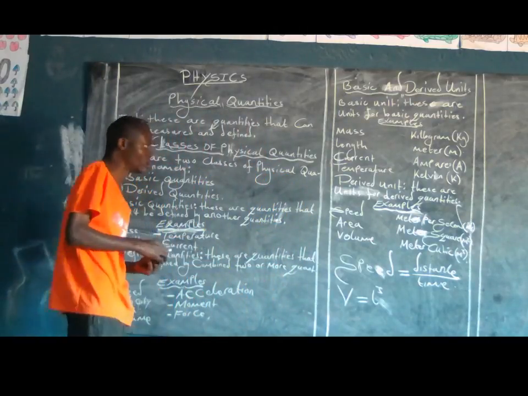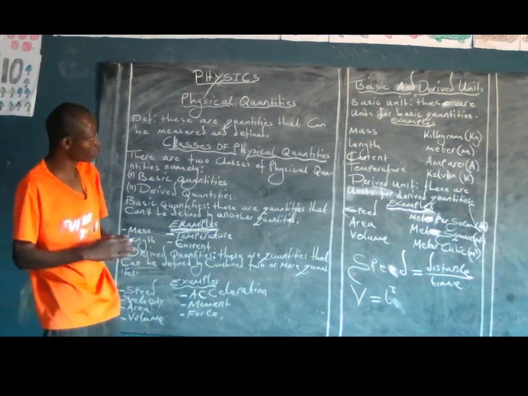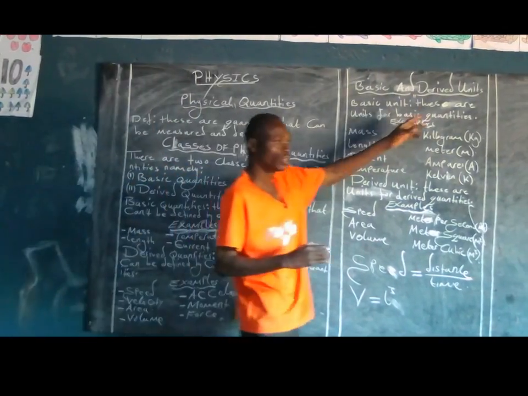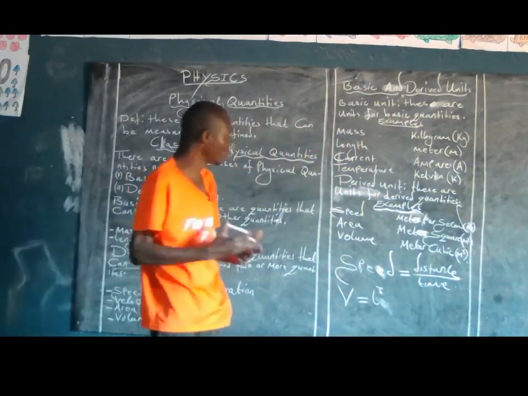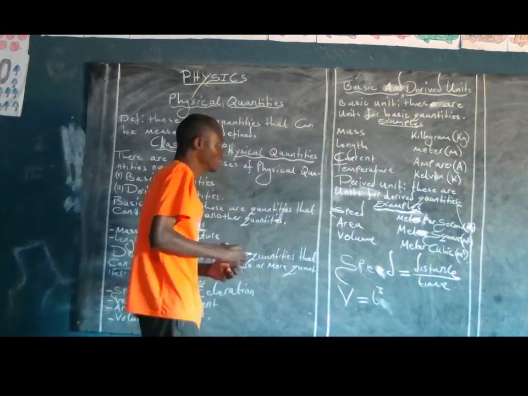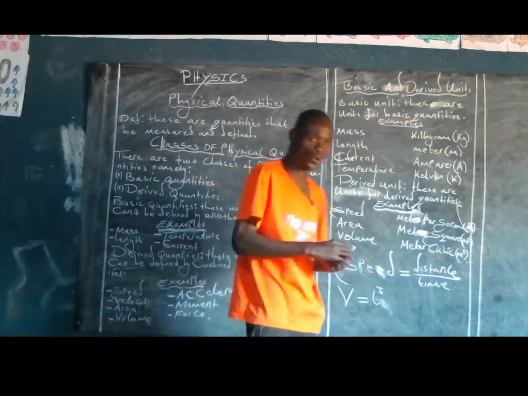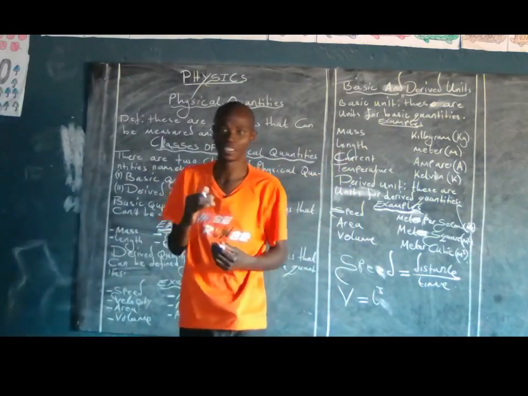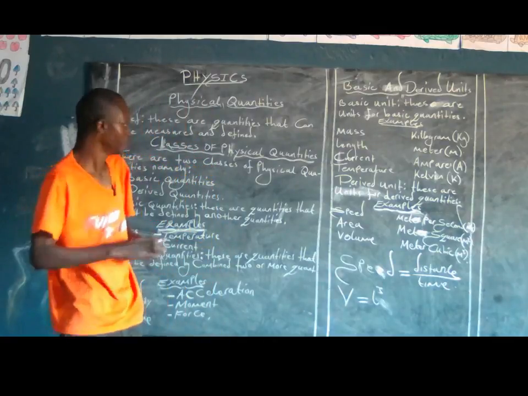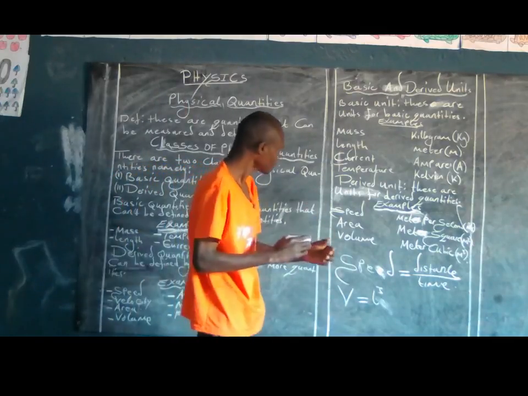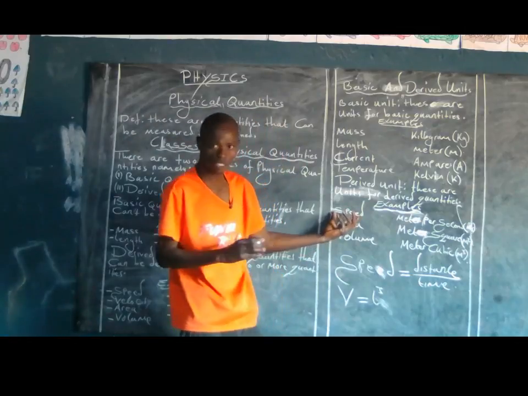Then let us also talk about derived units. What are derived units? When we are talking about derived units, we are talking about units for derived quantities. So for example, we have speed.